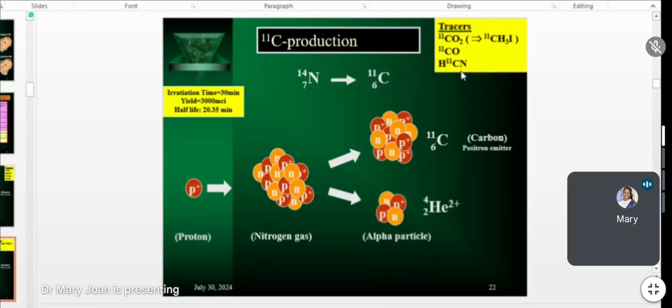And here with C11, the tracers are CO2, CO and HCl, where the normal carbon atom is replaced with the carbon 11 atom.